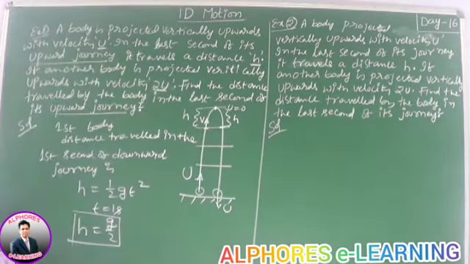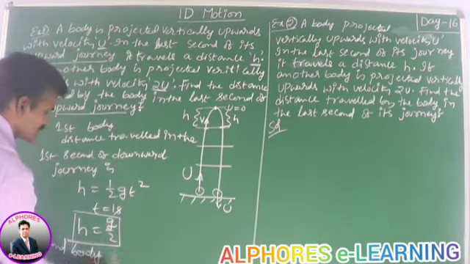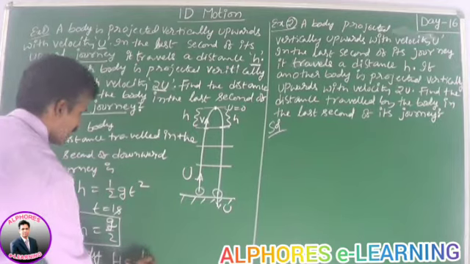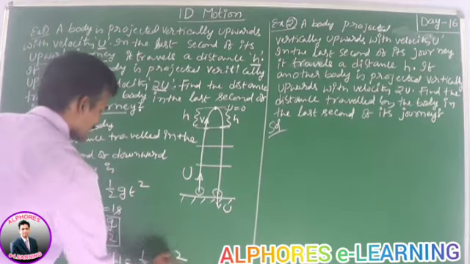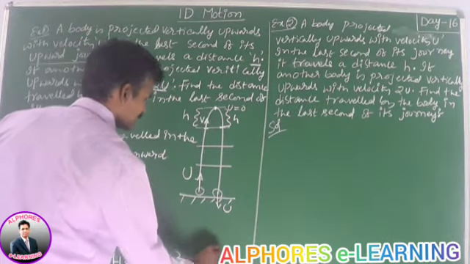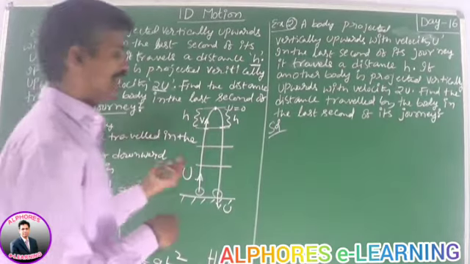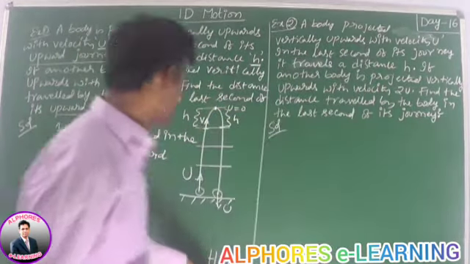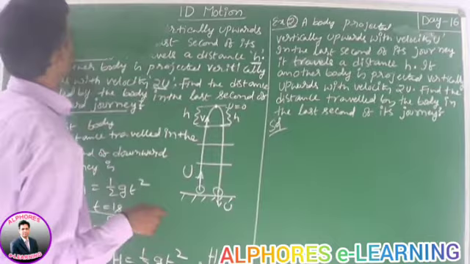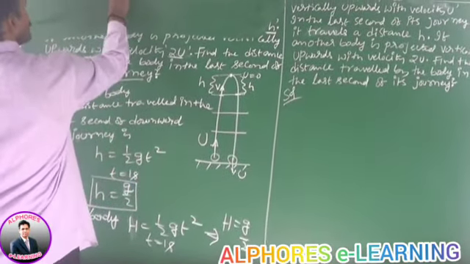So for the second body also, this h, if I take it as some capital H, that capital H is equal to again half g t square and t is equal to 1 second. Then you will get capital H is equal to g by 2. So using that equation, I can calculate capital H is equal to small h.